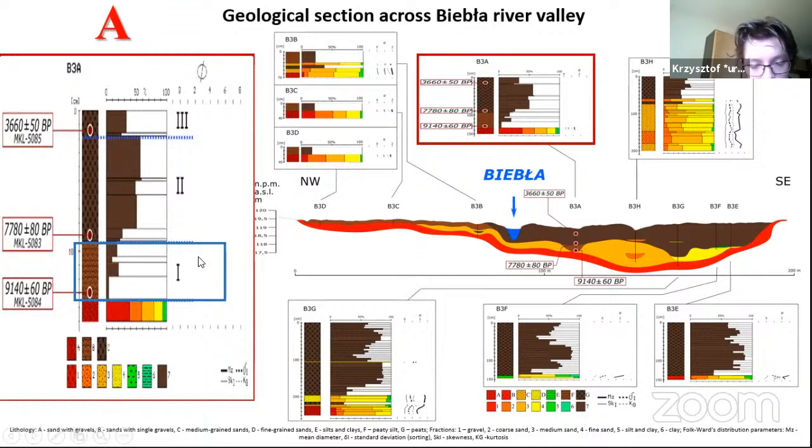the P3A boreholes. The first series, with peaty silts of 5 to 20% organic matter, started accumulating at about 9,000 BP.